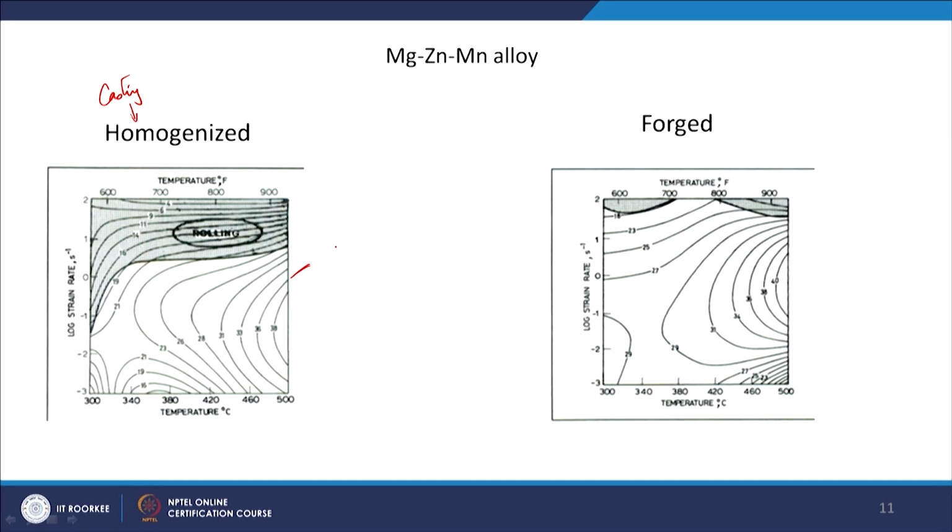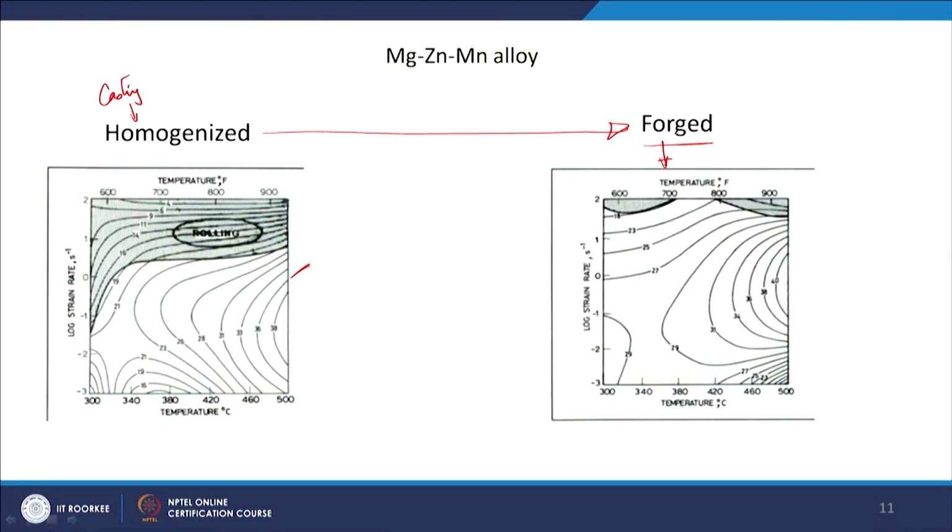This one is the same material after homogenization, which you have forged. Okay. So, now this is forged first, and then you have again done the same kind of test as you have done here. Okay. Compression test. Okay. Measured stress at different strain rate and temperature. Okay. And from there you have generated the processing map. So, you can see that as you have done one forging, now you have brought the material into a wrought condition, your unstable region has shrunk.